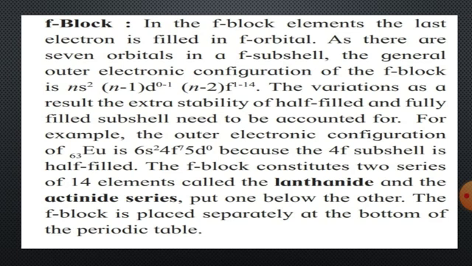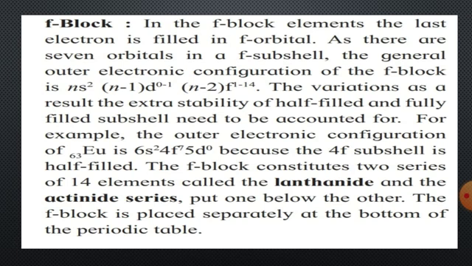The general outer electronic configuration of the f block is ns2, (n-1)d 0 to 1, (n-2)f 1 to 14. Fine, this is the general outer electronic configuration of the f block elements. Here also variation will be seen in the outer electronic configuration due to the extra stability of half-filled and fully filled subshells, which needs to be accounted for.